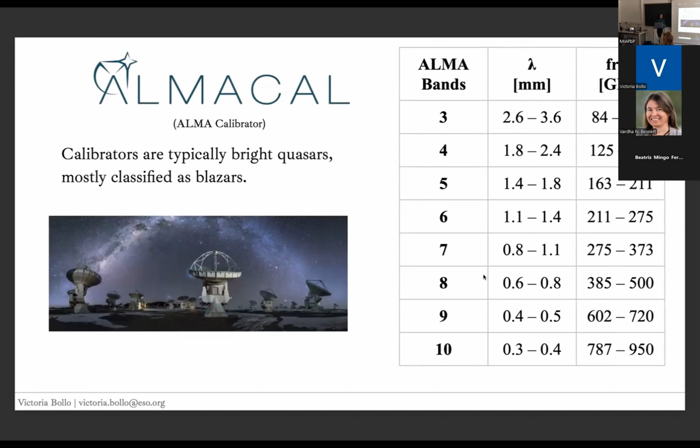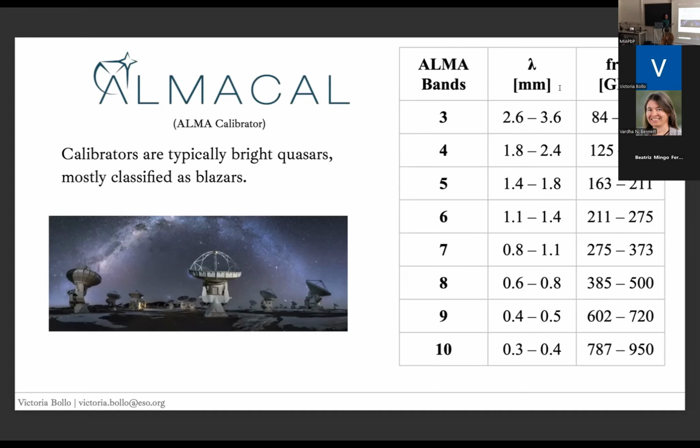We have compiled all the calibrator data from cycle 1 up to cycle 10, more than 30 terabytes of data and over 1,000 calibrators. Here you can see the different ALMA bands, and if you're not very familiar with them, you can see the frequency range and the wavelength range covered by each ALMA band.